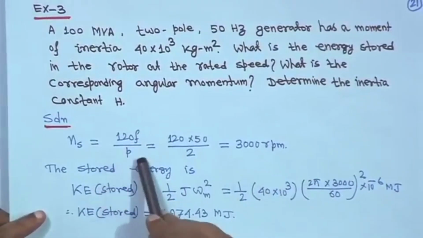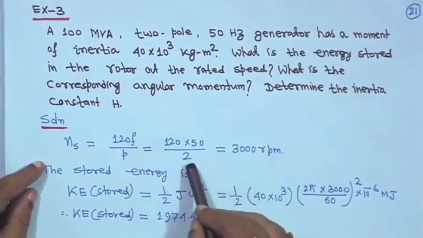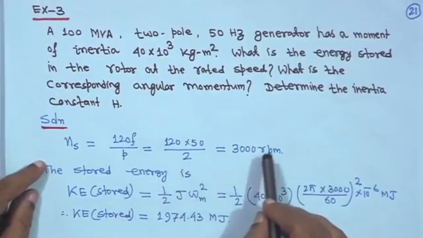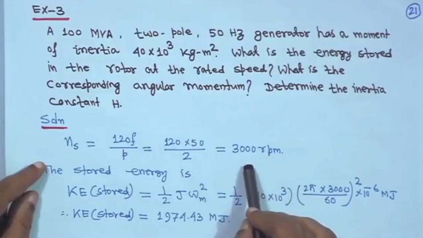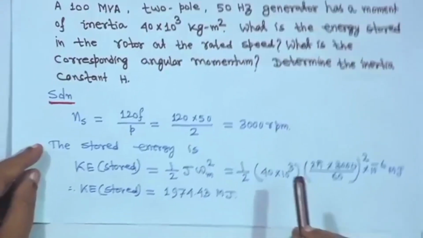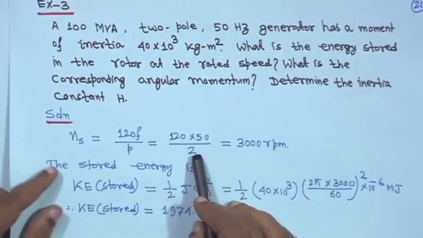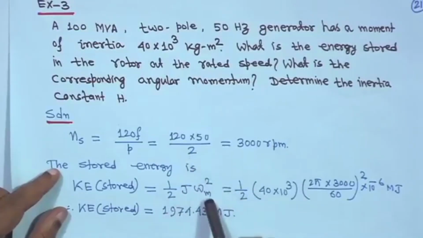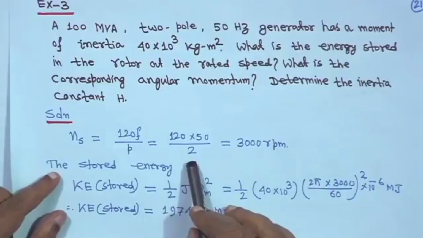Now, synchronous speed ns is equal to 120 f by p, with p being 2 poles. So, 3000 rpm, that is 3000 by 60 revolutions per second. The stored kinetic energy is half J omega m square. It is a 2 pole machine, so electrical radian and mechanical radian are the same.